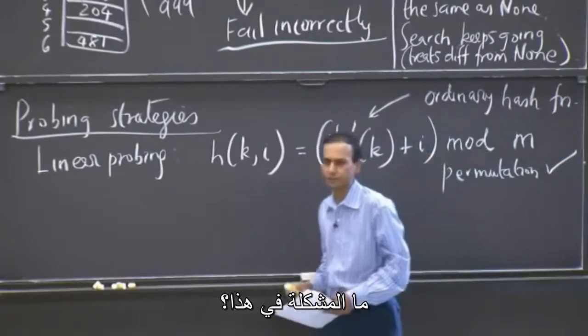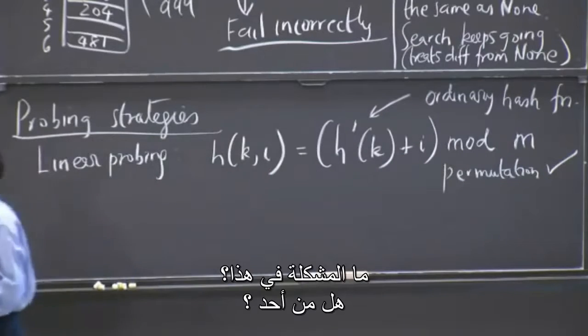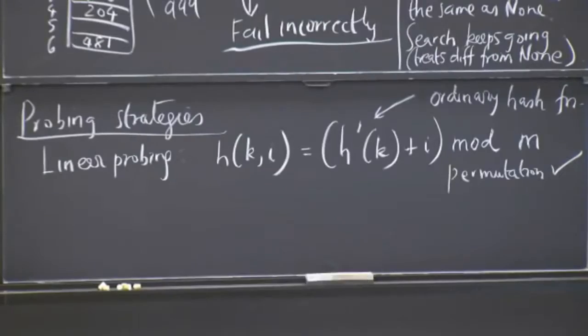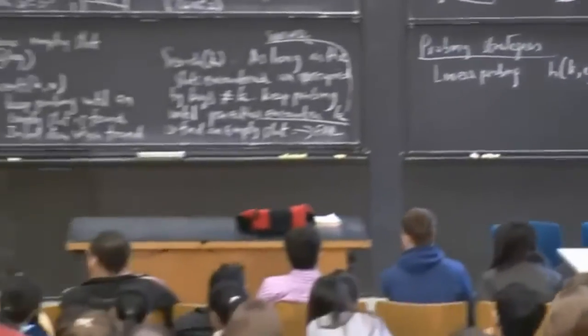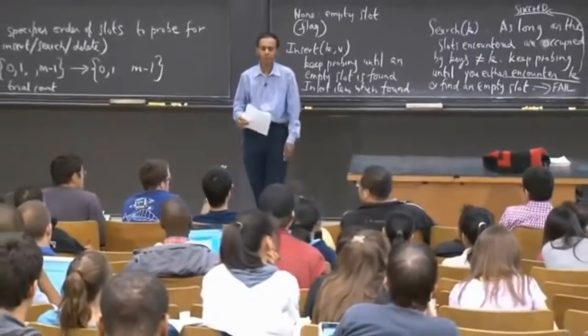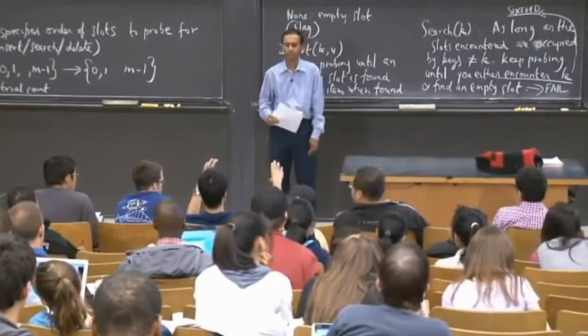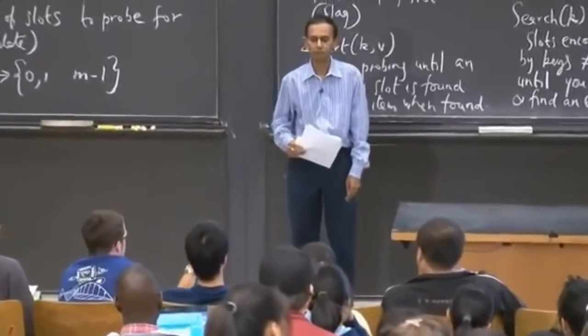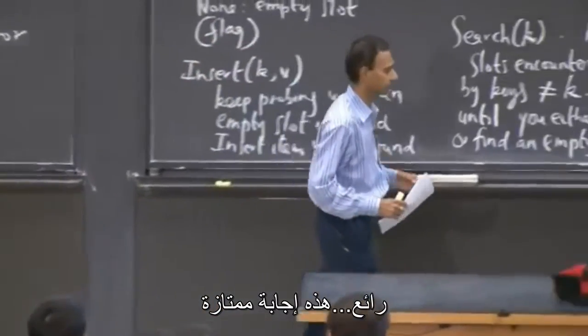What's wrong with this? Someone? Okay, go ahead. The fact that if you have a bunch of keys which are all filled, then if you hit anywhere in here, you're just expanding the list of consecutive filled keys. Great, that's an excellent answer.